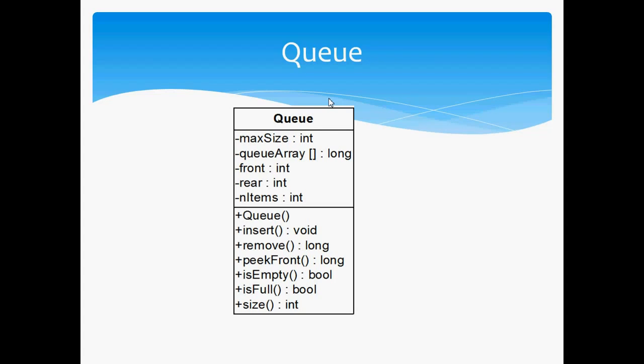For example, for insert, I'll go to the front and then the rear, and if the queue is not full, I'll put the value in at the queue array's rear position. First I check the condition and then put the value there. That's it. It's the same as the stack, only the point of insertion is a little different.